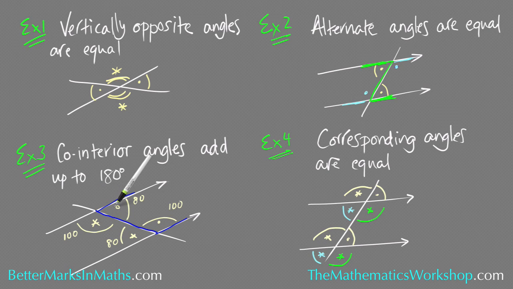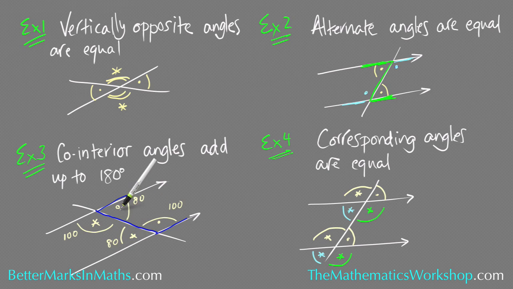So in fact, all of these 4 types of angles are in each of these 3 diagrams in examples 2, 3, and 4. There are vertically opposite angles here and here and here and here and here and here, here and here. There are 2 co-interior angles here.